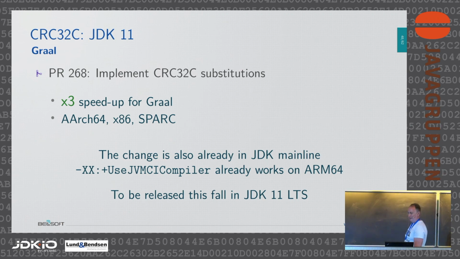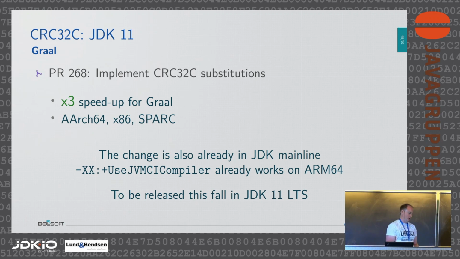No. You need to teach Graal to use, for example, your intrinsics. And it's called a substitution for some method. So we made it for CRC32C. And it also gives a nice speedup, as you can see.